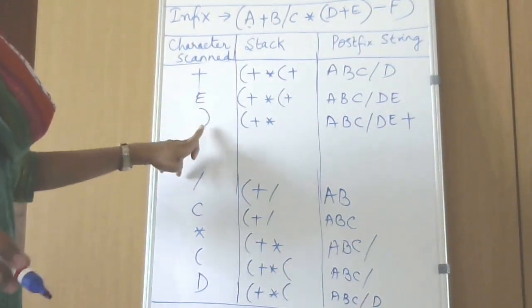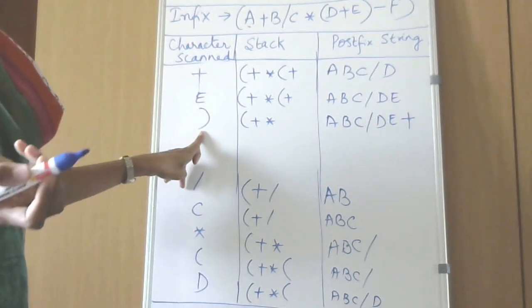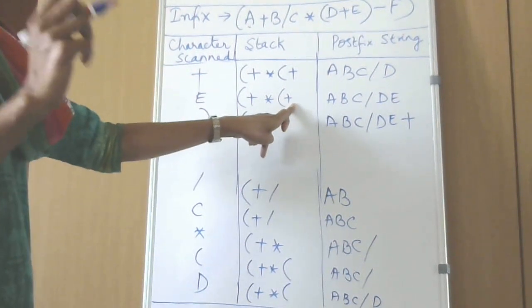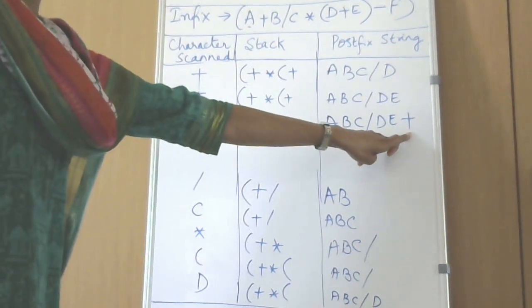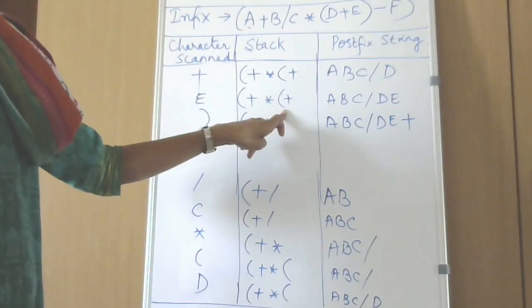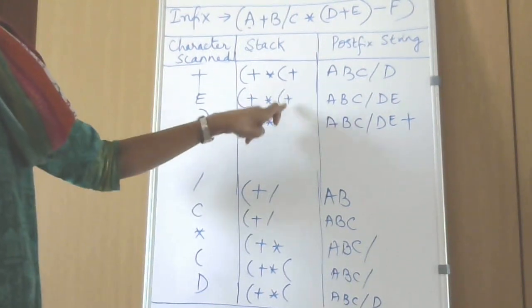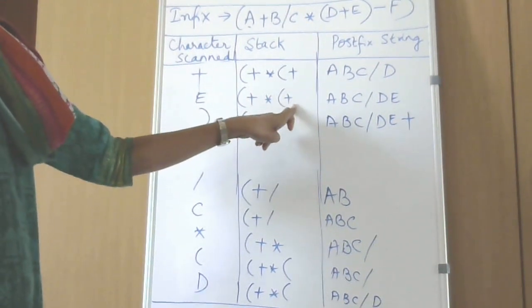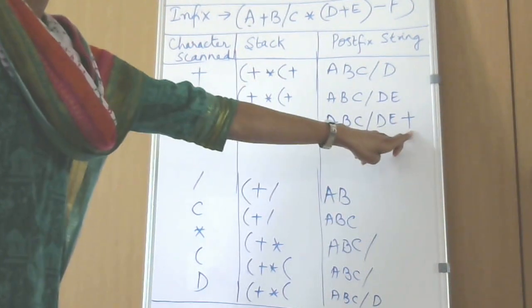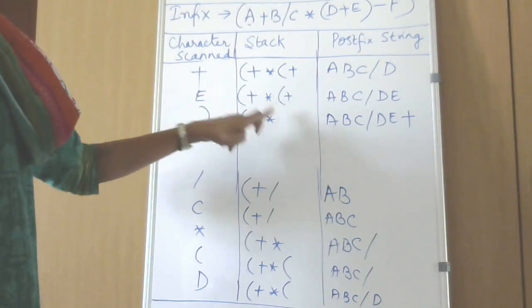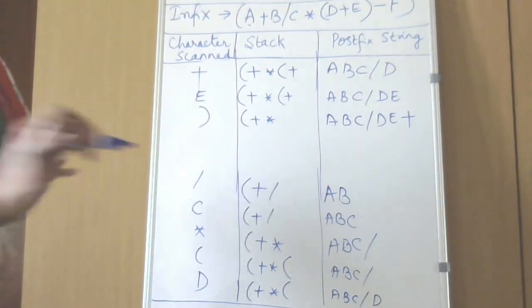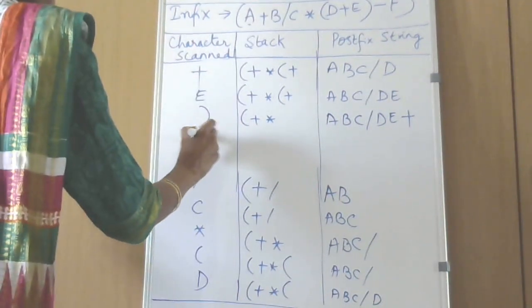That means whenever we encounter a closing braces, we pop out all that is there in the stack and put it onto the postfix string until we encounter an opening braces. This opening braces is here, and after that we have plus. So, this plus gets popped out. Opening braces will get eliminated. Whatever is there from here will remain as it is in the stack. Okay. Next, we have minus.